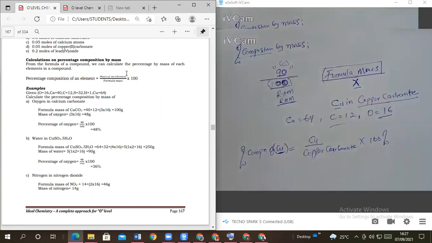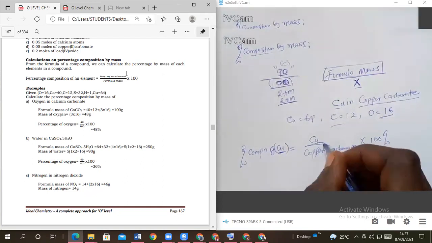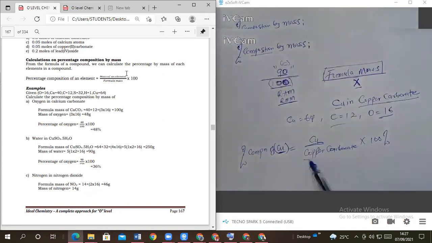Mass of the element, out of the relative or the formula mass of this compound, times 100. Questions are here. Calculate the percentage composition by mass of oxygen in calcium carbonate. You must be in position to form the compound here, and then the value of oxygen in that compound is what you use here.